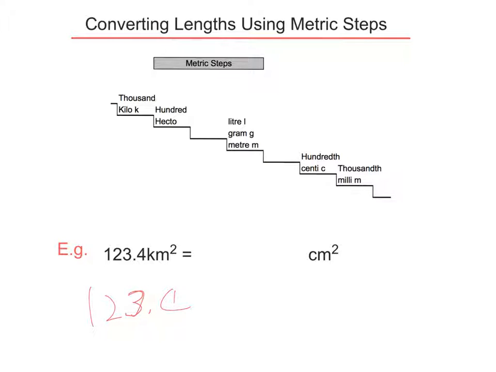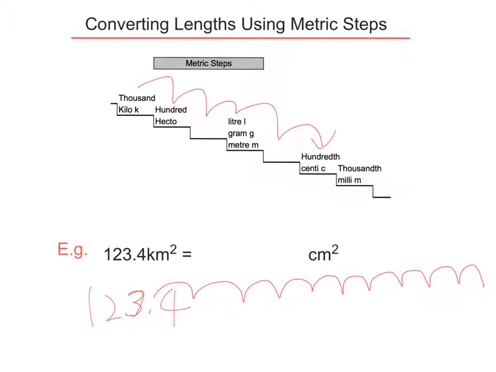If I go from kilometres to centimetres, that's 1, 2, 3, 4, 5 steps to the right. Because I'm squaring it, I need to move 10 steps to the right. So 1, 2, 3, 4, 5, 6, 7, 8, 9, 10. Put the decimal point in, fill in the gaps with zeros, and that's a huge number.